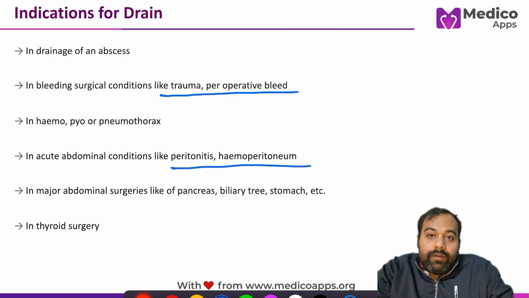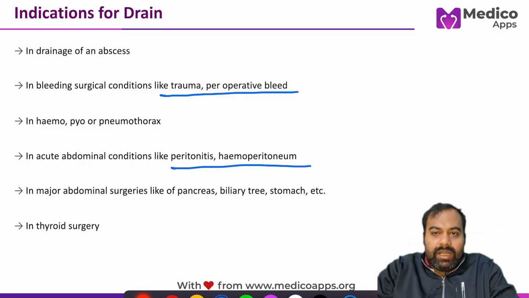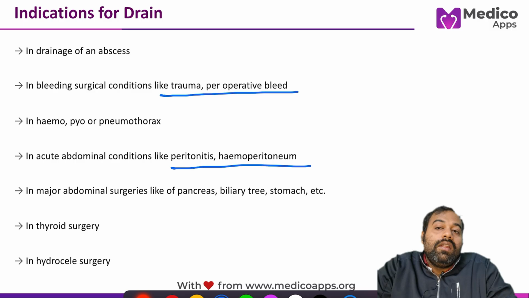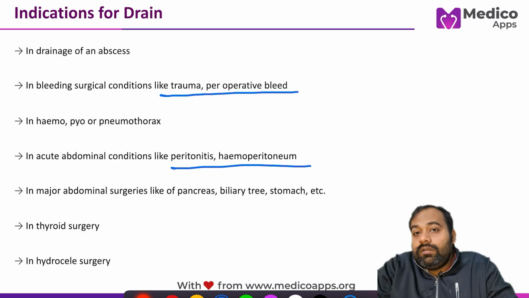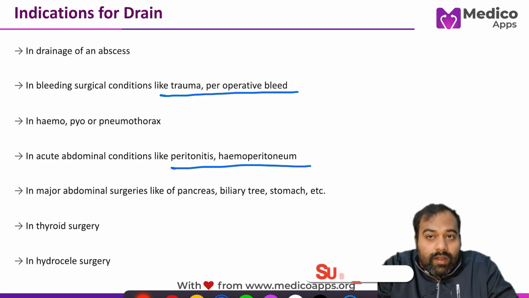In thyroid surgery, parathyroid surgery, we can also put a drain. And obviously, in mastectomy, where the chance of seroma collection is much higher, here also we can put a suction drain or Romovac drain.